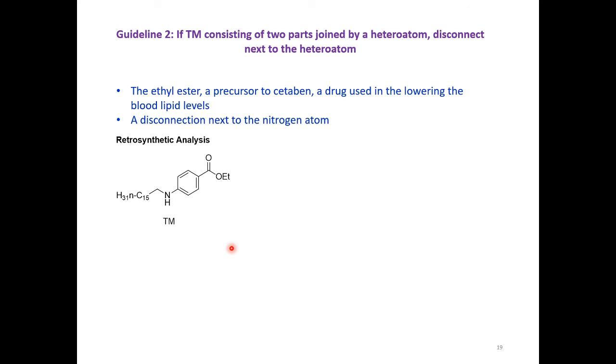Guideline 2, as I said, if two parts are joined by a heteroatom, the disconnection should be next to the heteroatom. Here we have nitrogen, so disconnection next to the nitrogen atom.